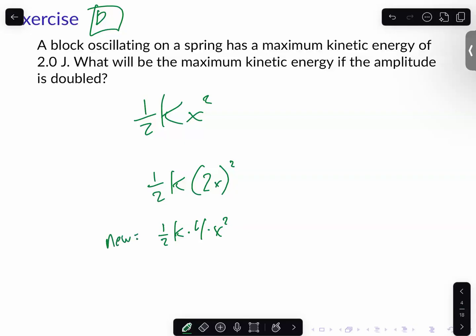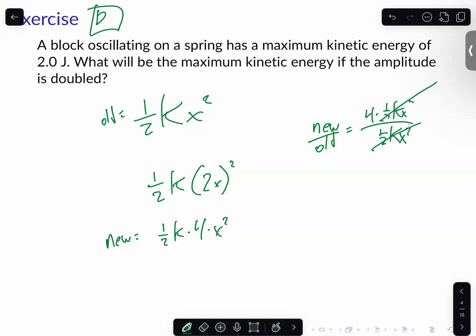Nope. By what factor have I changed? New over old equals one half k times, you know what, I'm going to pull the 4 out front. 4 times half k x squared over half k x squared.